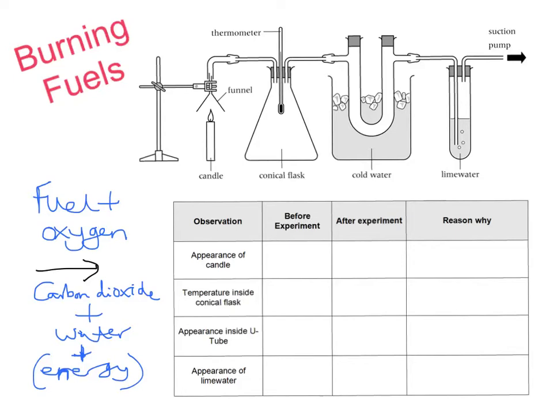So let's think about this experiment that we've got up at the top. We've got a clamp stand with a clamp, so I'll just label a few bits just so we're clear. So we've got the clamp stand here, attached to an inverted funnel with a candle, and that's leading down via tubing to a conical flask.